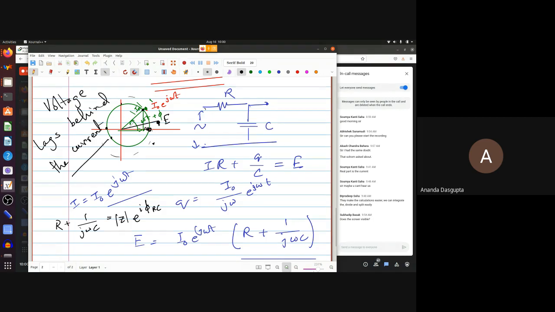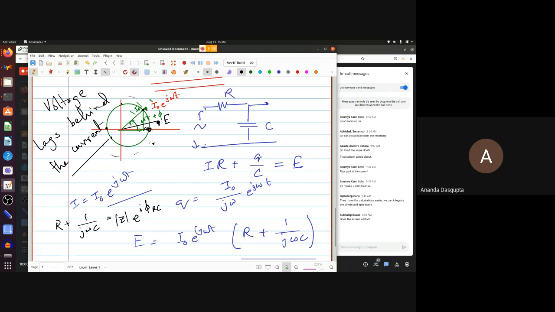Both the current and the voltage are sinusoidals. They oscillate, they go through a maximum, zero, minimum, zero, maximum, this whole cycle. But the current does so a bit earlier, the voltage does so a bit later. And usually you don't say voltage lags behind the current, you just say voltage lags.